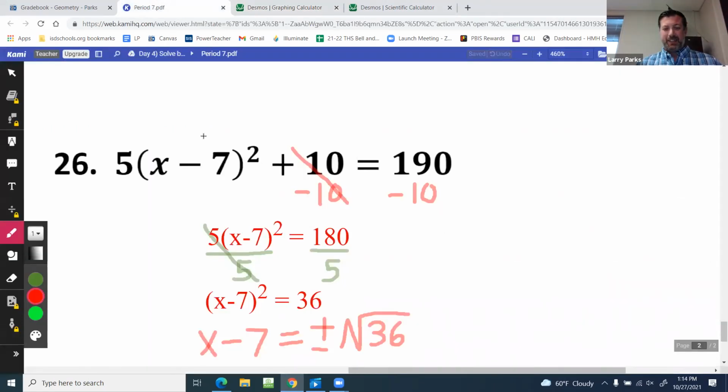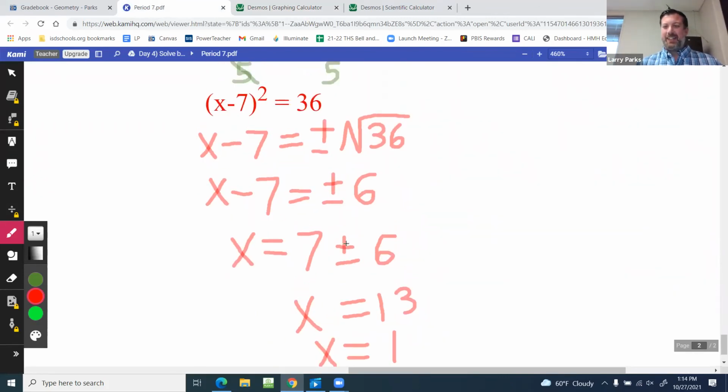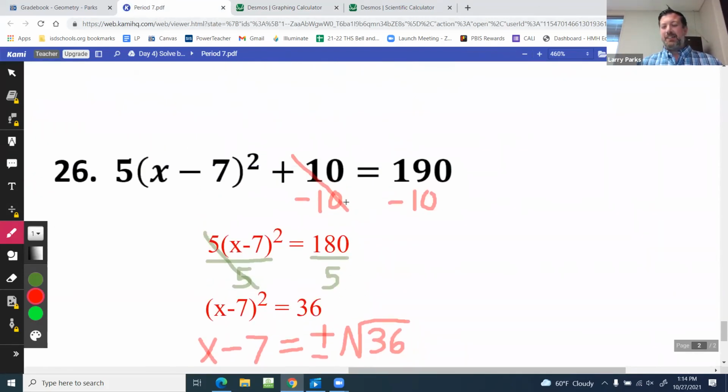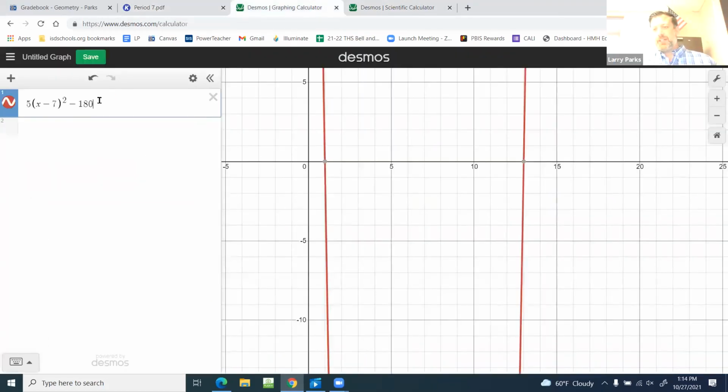What did I get? 1 and 13. Looky there, I got the same thing. And remember, in order to find the x-intercepts, you need this equal to 0. So I subtracted 190 from both sides, and I knew that 10 minus 190 is negative 180. That's why I typed this in as negative 180.